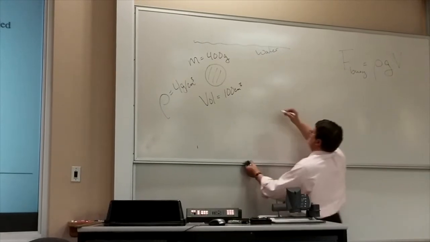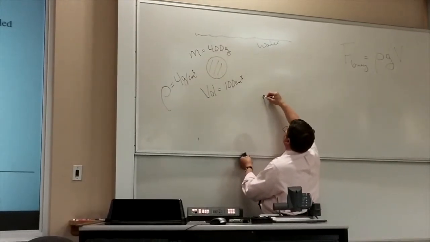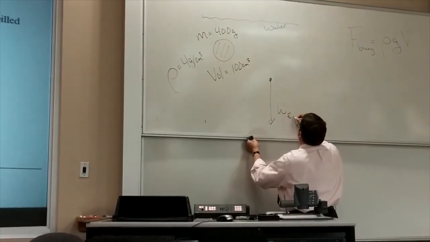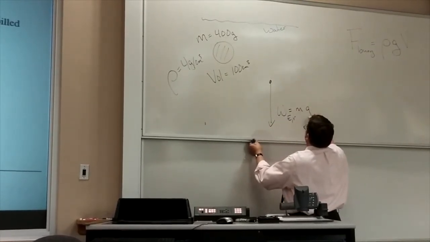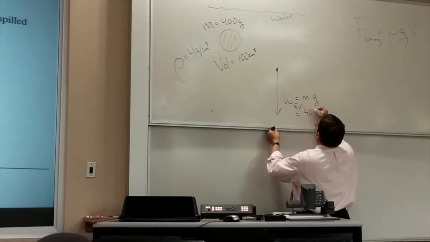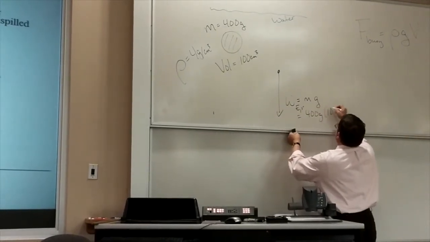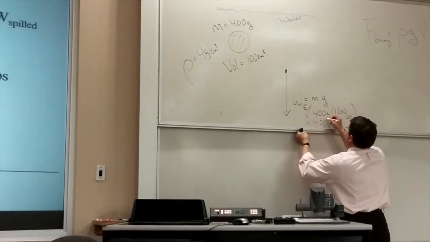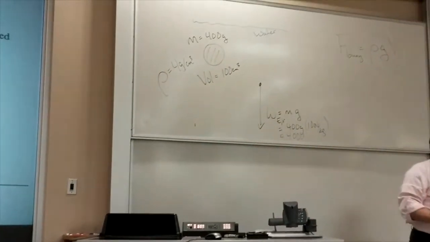Now, if I want to find the acceleration, I draw a free body diagram. I have a weight force. Well, that's just m times g. But if I take 400 grams and multiply by 10 newtons for each kilogram, I'm going to get 4,000. Boy, that's a lot of newtons.